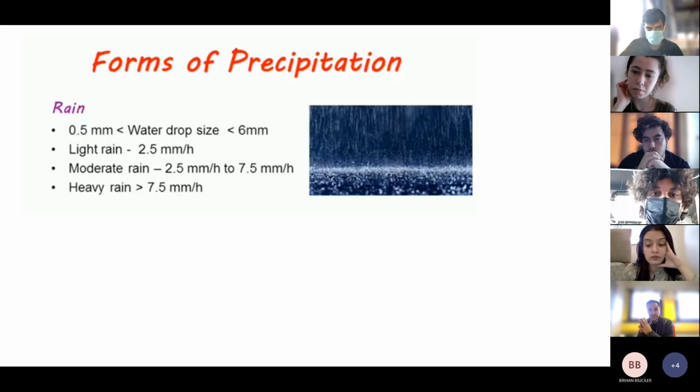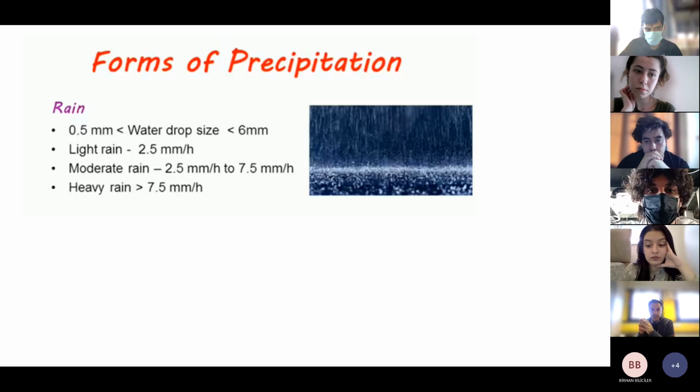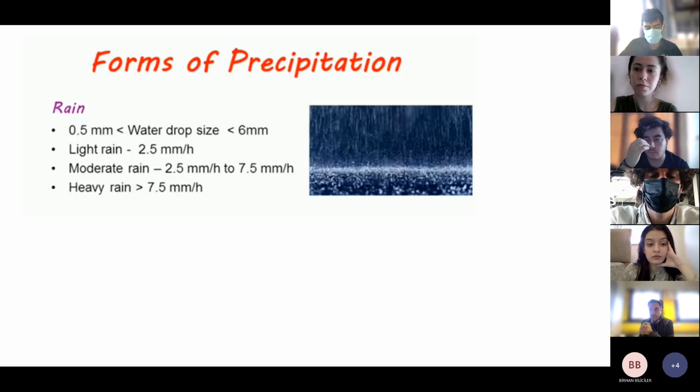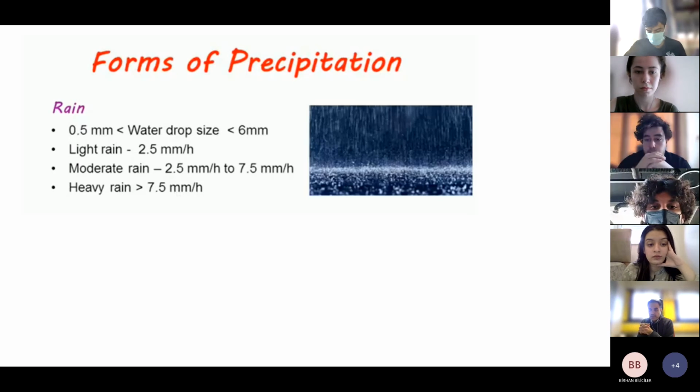So we have another entity which is called intensity. And based upon the intensity, we categorize rain into three major classes: light rain, moderate rain, and heavy rain. What is the intensity?